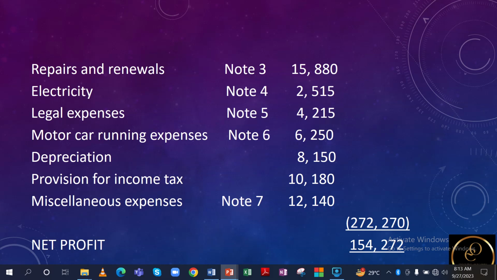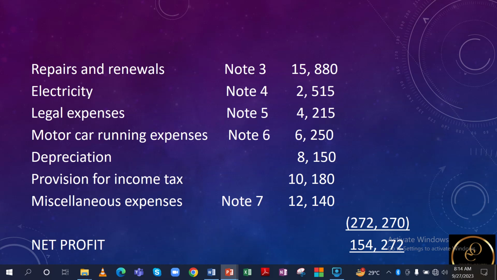There's note 4, 2,515. Legal expenses, note 5, 4,215 kwacha. We also have motor car running expenses. There's a note number 6 of 6,250. Then depreciation of 8,150 kwacha.